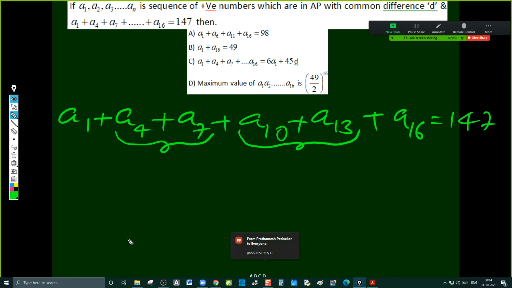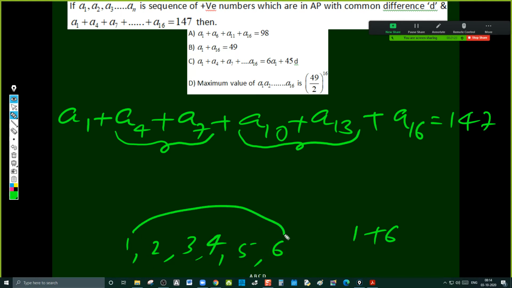As numbers 1, 2, 3, 4, 5, 6, if you have this type of numbers, what is the property you have seen? The sum of the terms that are equidistant from the beginning and ending are equal. That is, you can check 1 plus 6 is equal to 2 plus 5 is equal to 3 plus 4 is equal to 7.